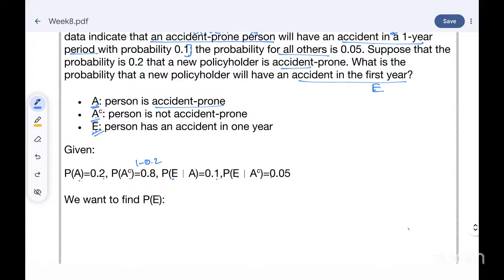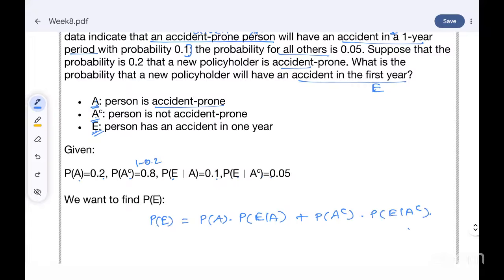How can you use that here? P of A multiplied by P of E given A plus P of A complement multiplied by P of E given A complement.